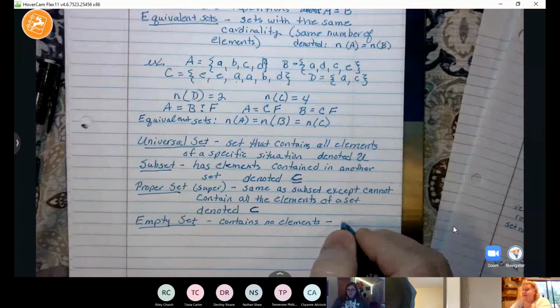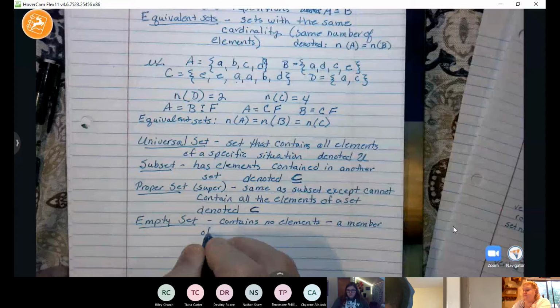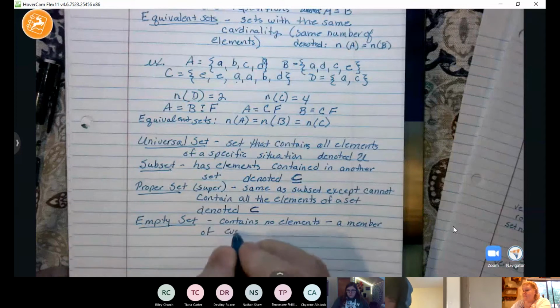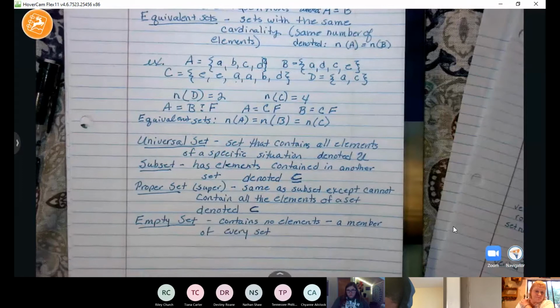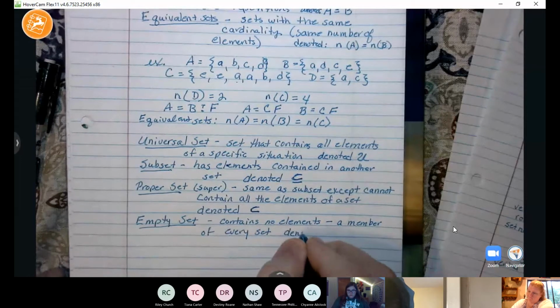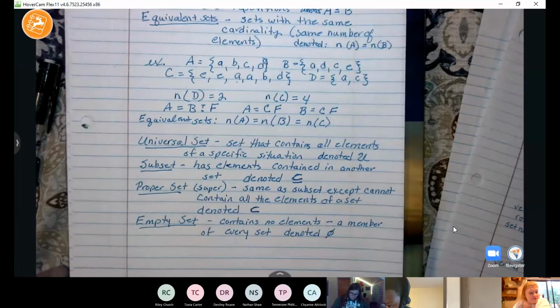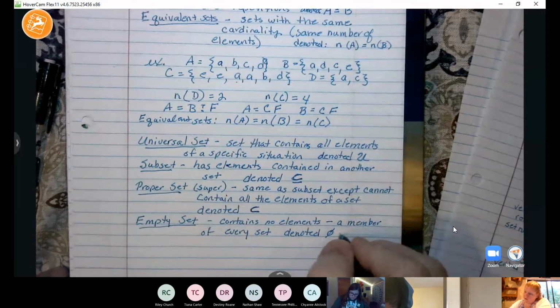An empty set is a member of every set. You can either use the 0 with the line through it, or you can use the empty braces.